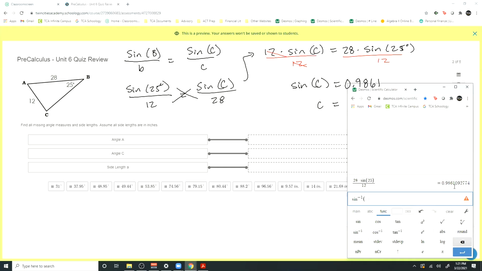Now, instead of typing in 0.9861, because that's technically rounding off a little bit, what you can do is just put in sine inverse of ANS, and that'll pull up your last answer. So that's 80.438. 80.44 is what we can round that to. So angle C is 80.44 degrees.